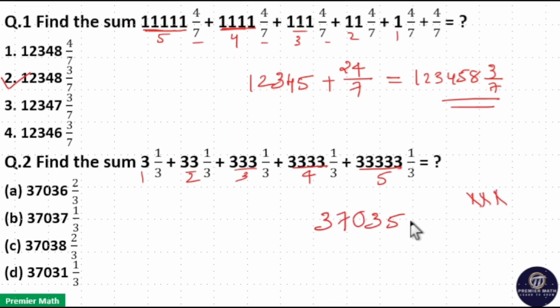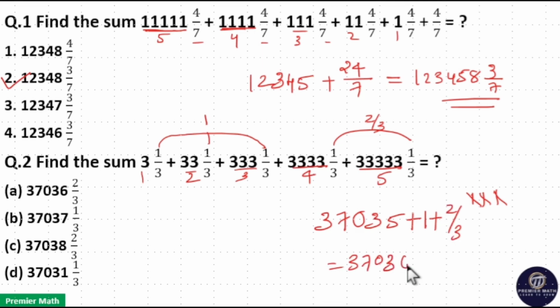So 37035 plus, take the fractional sum. Here 1 by 3 plus 1 by 3 plus 1 by 3 is equal to 3 by 3, which is 1. Again 1 by 3 plus 1 by 3 is equal to 2 by 3. So your answer is 37036 and 2 by 3. Option A is your answer.